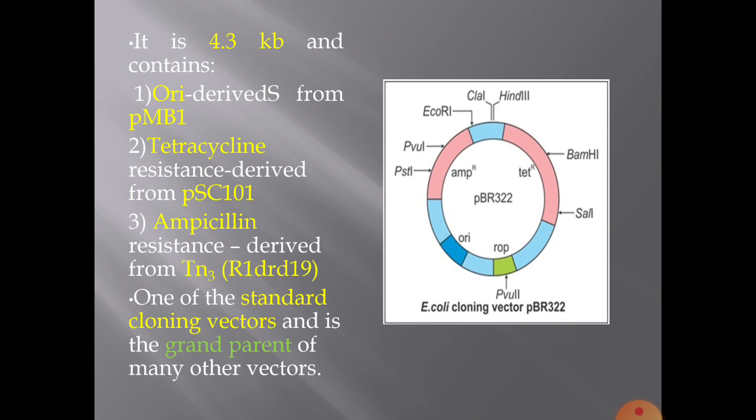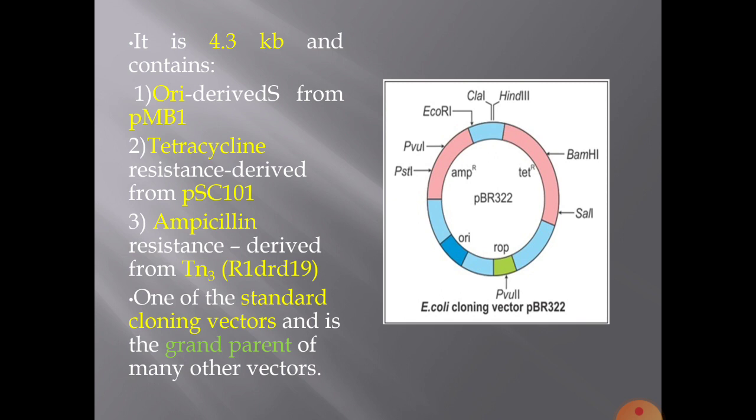So you can see it has a molecular weight of 2.6 Daltons and it has 4.3 kbp. You can make out in the tetracycline resistance gene region there are sites for BamHI, SphI, SalI.